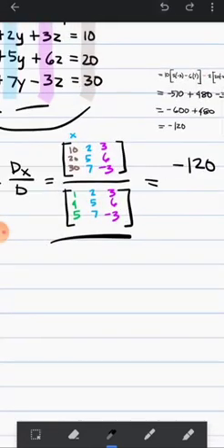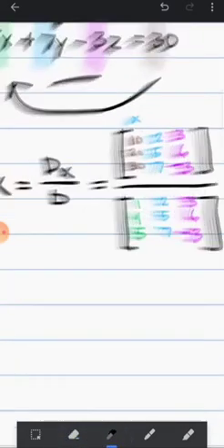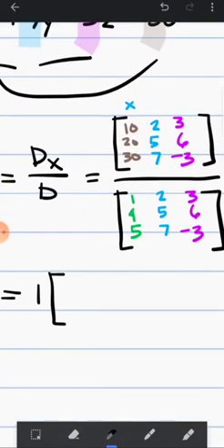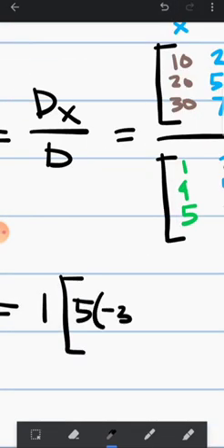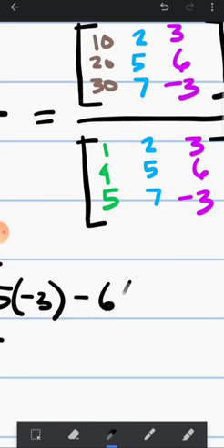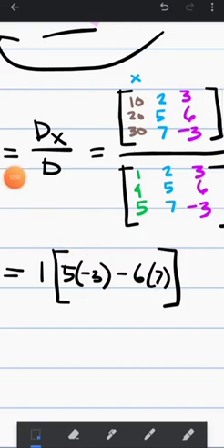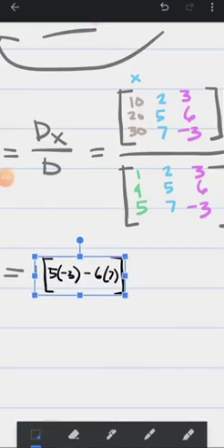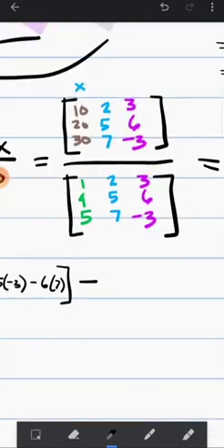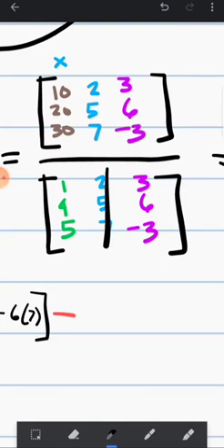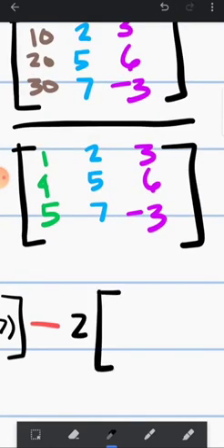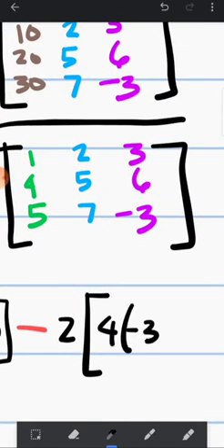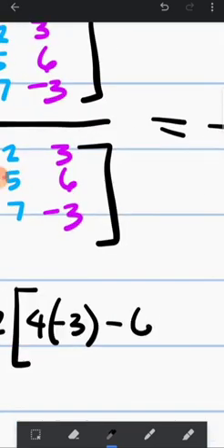So that would be 1 times 5 times negative 3 minus 6 times 7. Minus 2 and 4 times negative 3 minus 6 times 5.